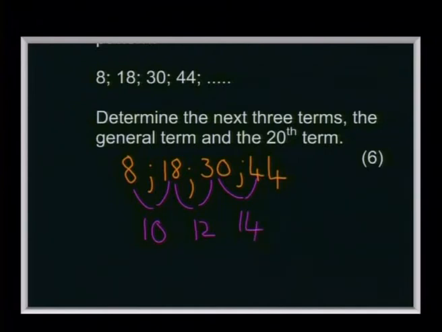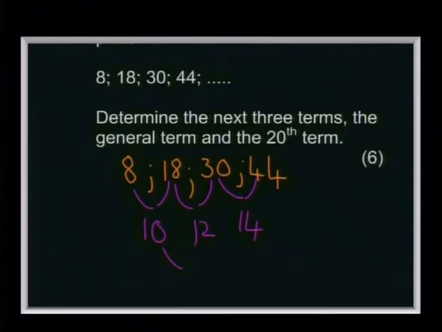I said to you guys earlier on that if the number pattern is quadratic, what you'll notice is that the first difference will always be an arithmetic number pattern, 10, 12, 14, which it is. Right, so then the second difference from 10 to 12 is 2, and from 12 to 14 is 2.